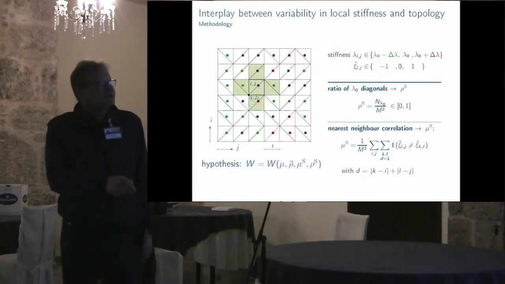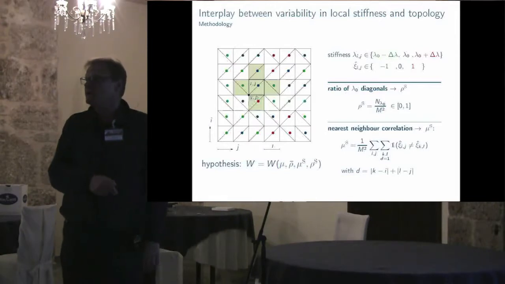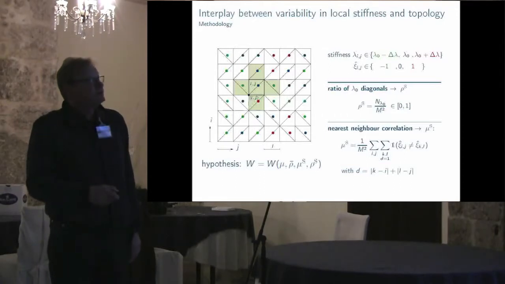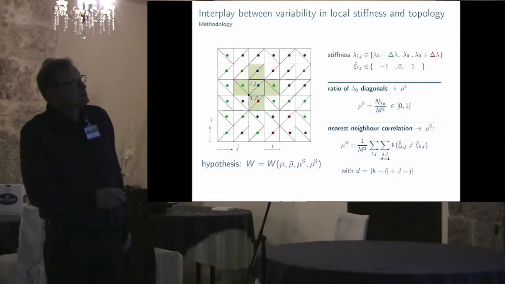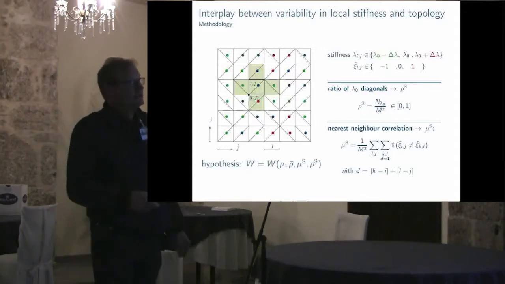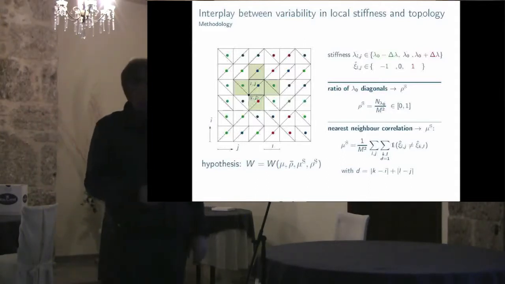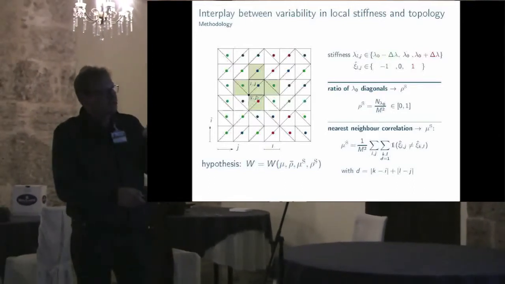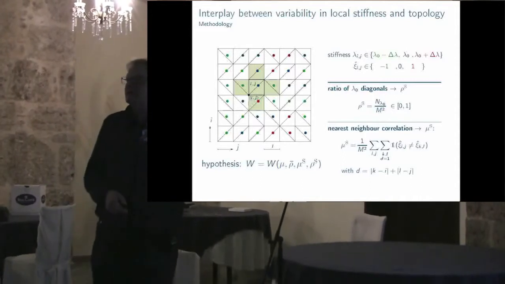We can subtract from this stiffness a delta lambda, or we can add to this stiffness a delta lambda. So we have three possible states regarding the material properties of the diagonals, which is sketched here by these colored dots. In addition, we define the ratio of those diagonals with respect to the dimension of the structure, or the total number of all diagonal rods for which the stiffness is the given lambda naught without any variation.